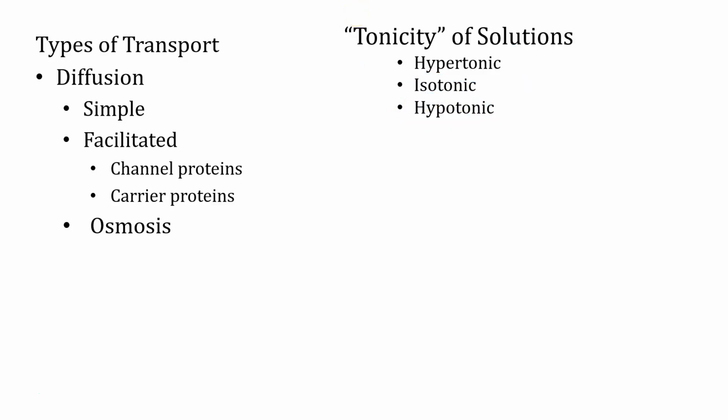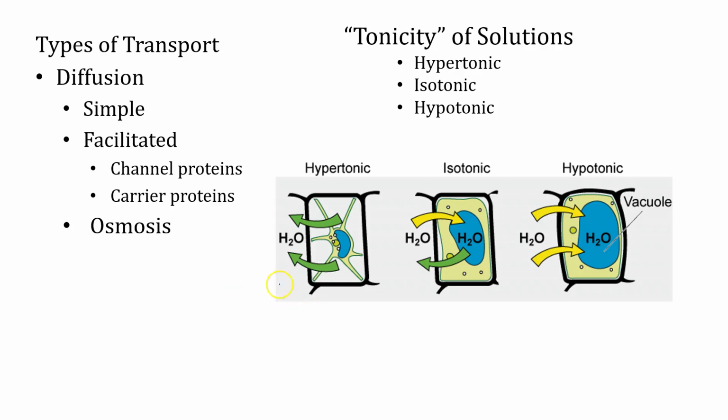And what happens to that cell when put into a variety of these solutions varies. Okay, so here's an interesting picture of what would happen. Let's say here's a plant cell, and let's say I put it in a hypertonic solution. So all of this fluid surrounding the cell is more salty than the inside of the cell. Well, we said water's the party animal.